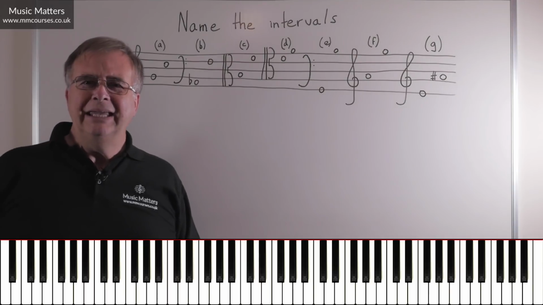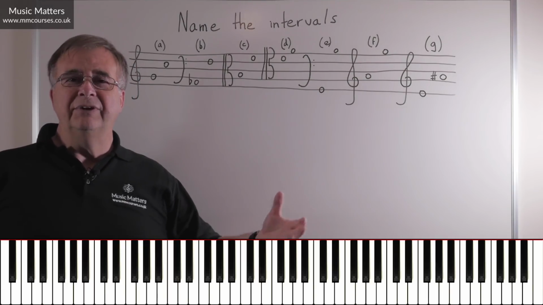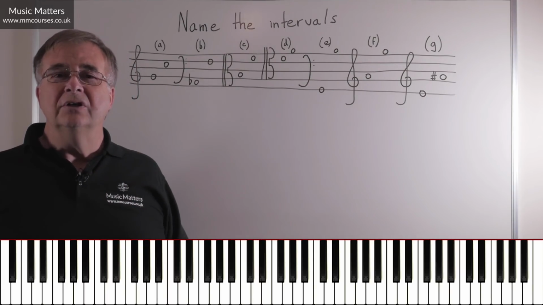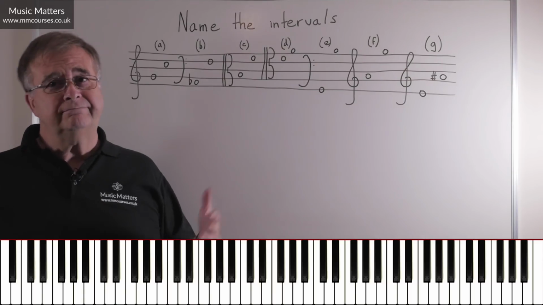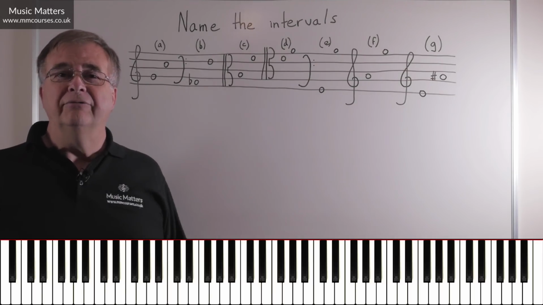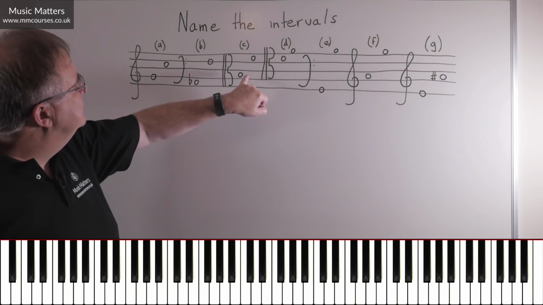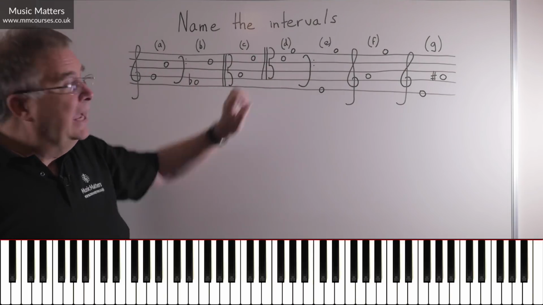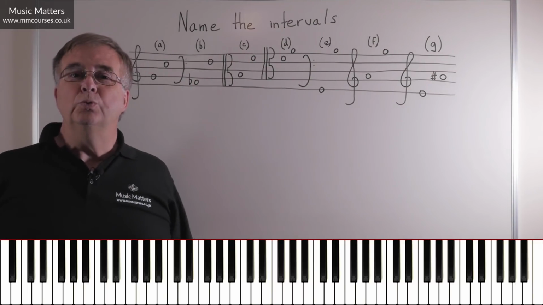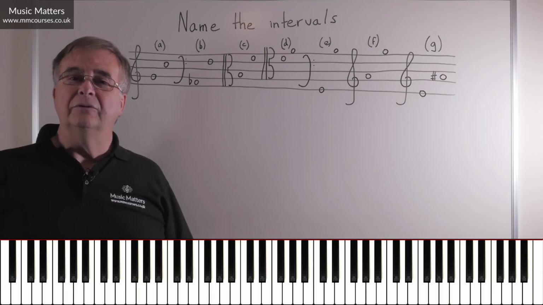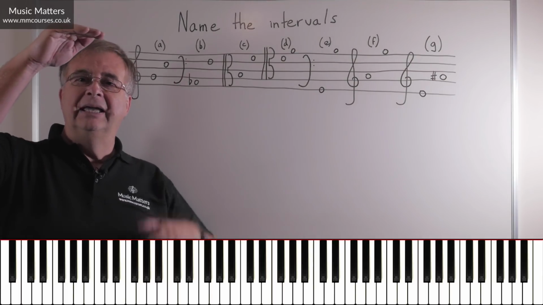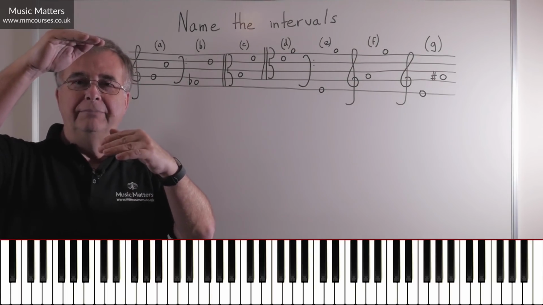Let's think in B major. We know we're dealing with a fifth. So what's the fifth note of B major? Well, B major has got 5 sharps, and the first of those is F sharp. So in other words, if this interval happened to be B to F sharp, it would be a perfect fifth because F sharp is the fifth note of B major.